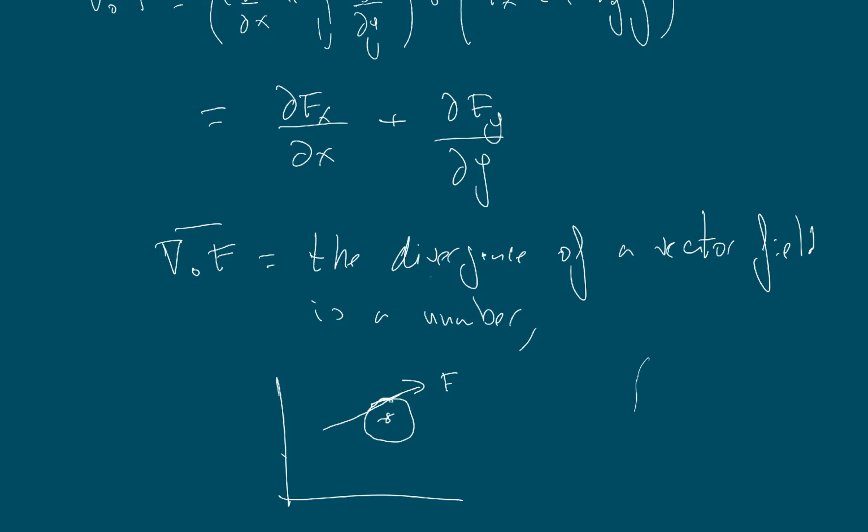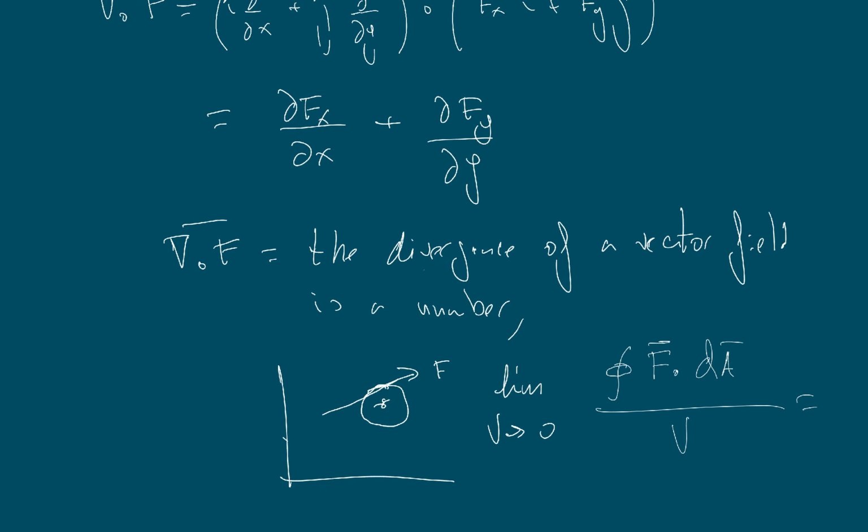So you imagine that you calculate over this sphere or this disk, we can say, F scalar dA. And you take the limit when the volume goes to zero of the flux per unit of volume. And you expect this limit to be a number. And this number is the divergence.